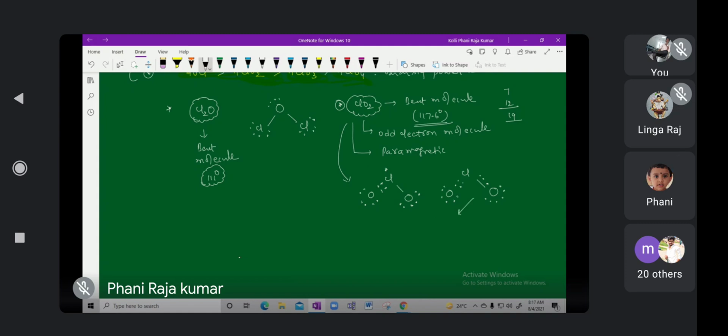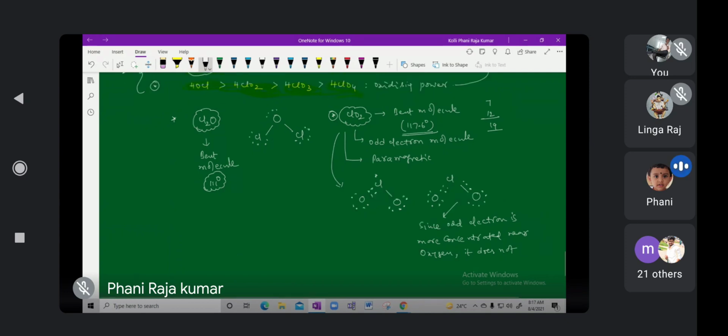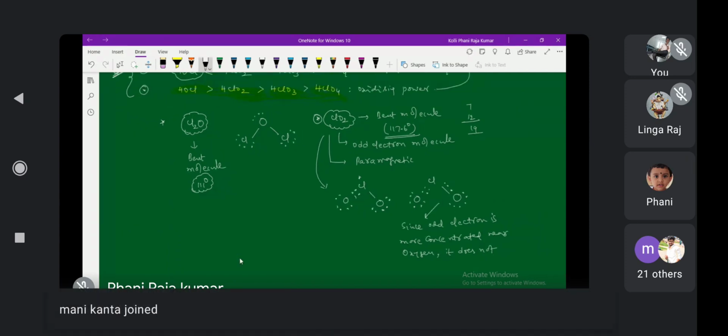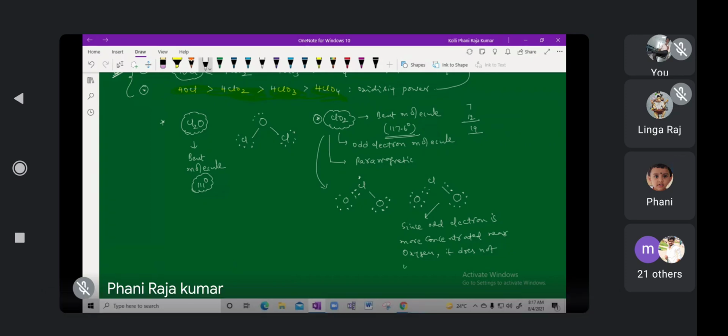That's why, since the odd electron is more concentrated near oxygen, it does not undergo dimerization.